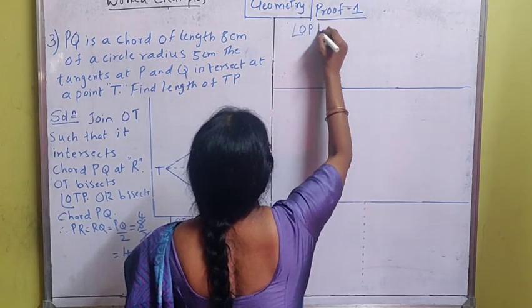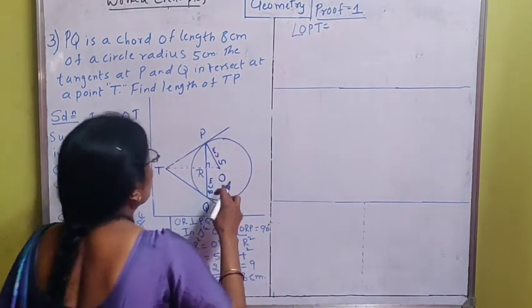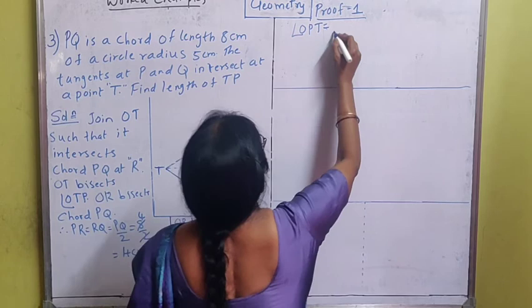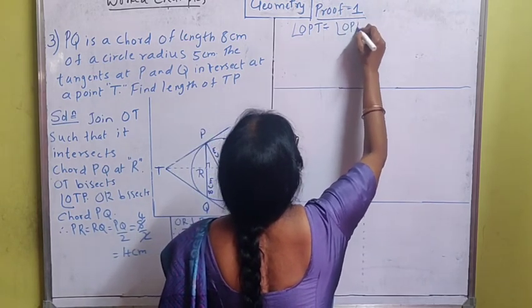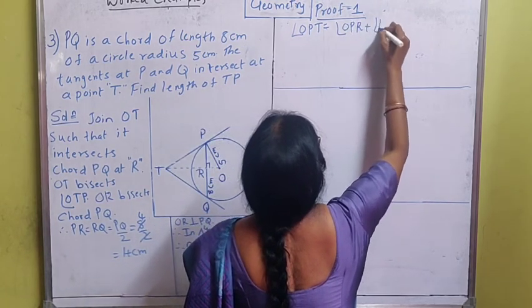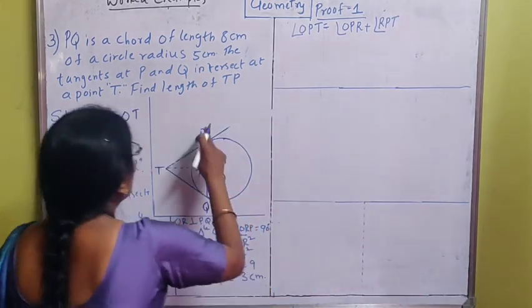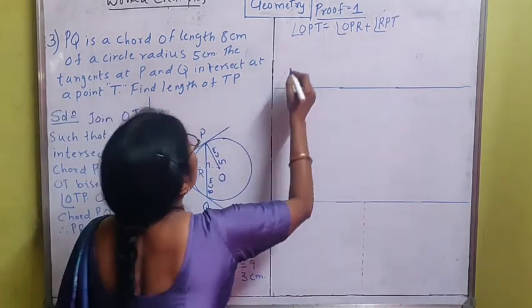So we are going to write it down: angle OPT is equal to angle OPR plus angle RPT. Now, just now I told you angle OPT is 90 degree.